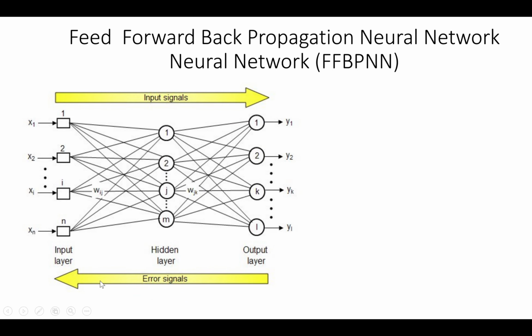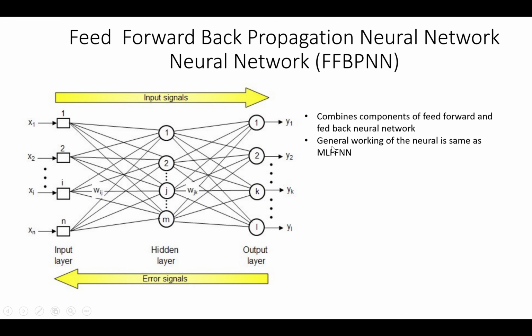As you see in the images, the input layer travels in the same manner as in the previous models, whereas here there is an introduction of back propagation. So this model combines both feed-forward and feedback neural networks. The general working is the same as the multi-layer feed-forward neural network, but here error back propagation is introduced.